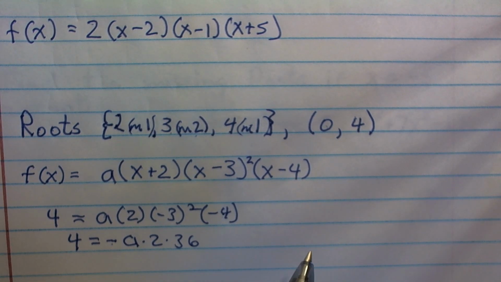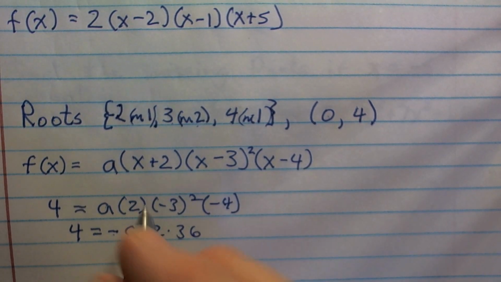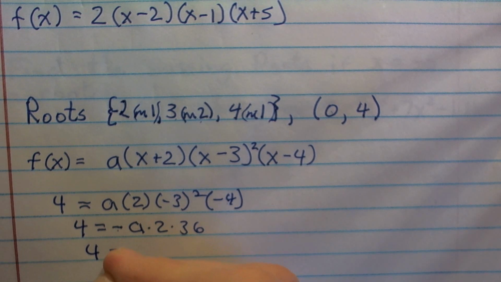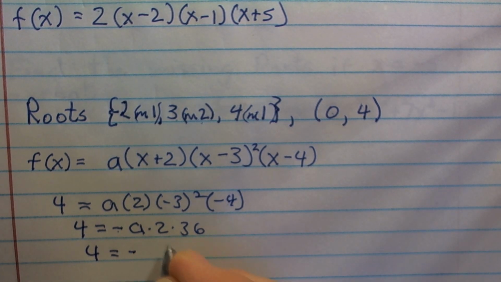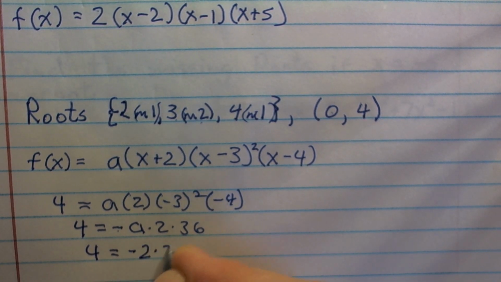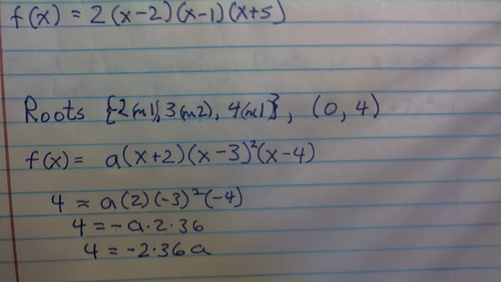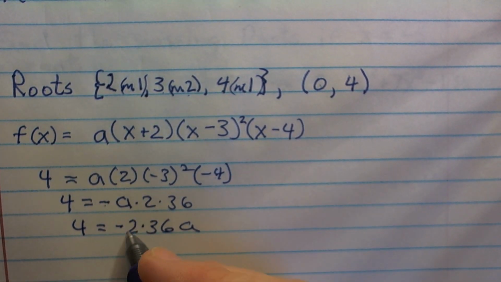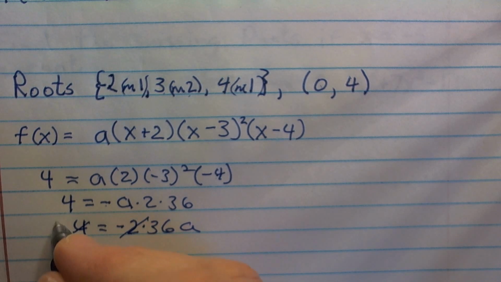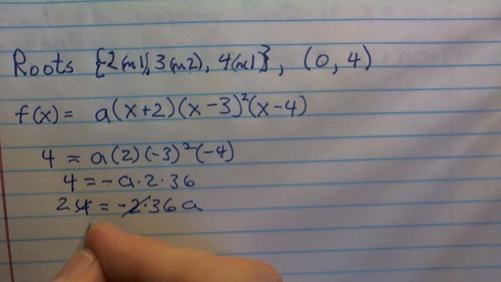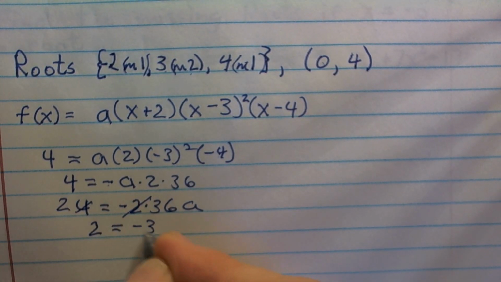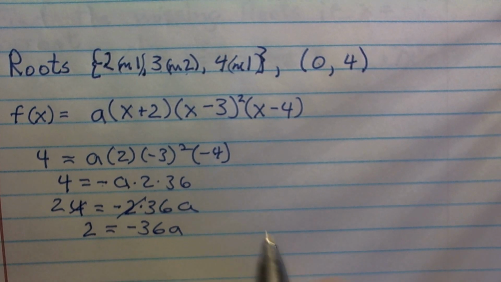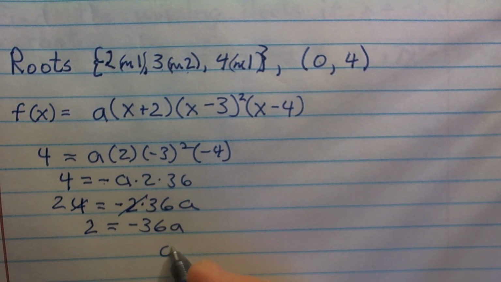Okay, so let's see what we can do now. We've got 4 equals negative 2 times 36a. And notice I can divide out the 2 here. Okay, so now let's see what we've got. We've got 2 equals negative 36a. And now I'll go ahead and divide.